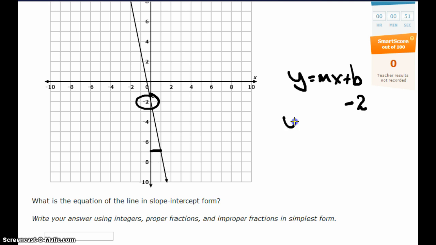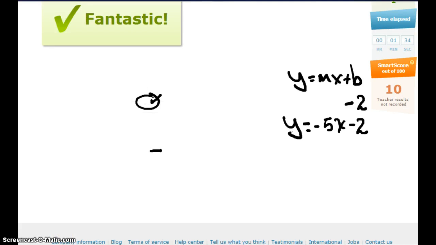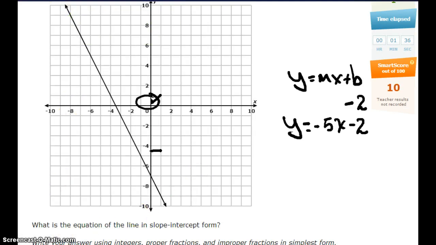So my slope is negative 5, so negative 5x, and my b is negative 2. Let's just check it one more time. My y-intercept is at negative 2. I go from negative 2 down to negative 7, and I go over 1. So let's plug this in and see if we got it right. Okay, great. All right, let's do one more and then we'll call it an evening.